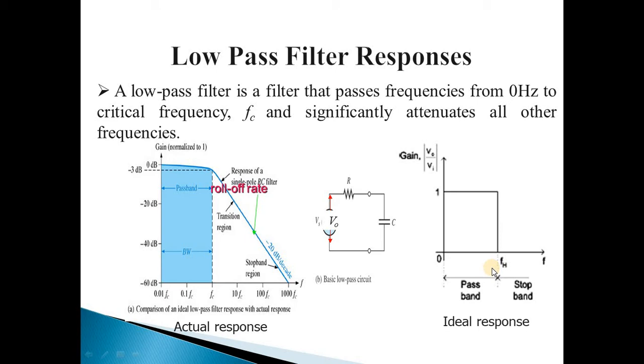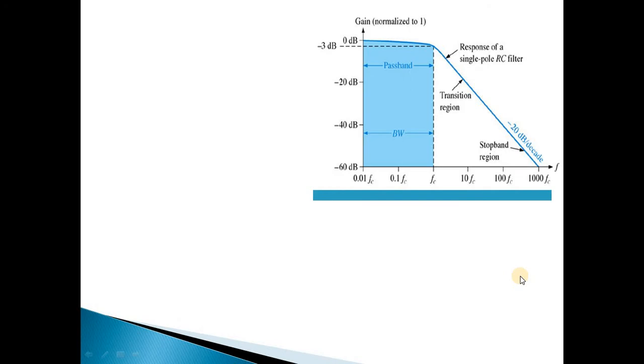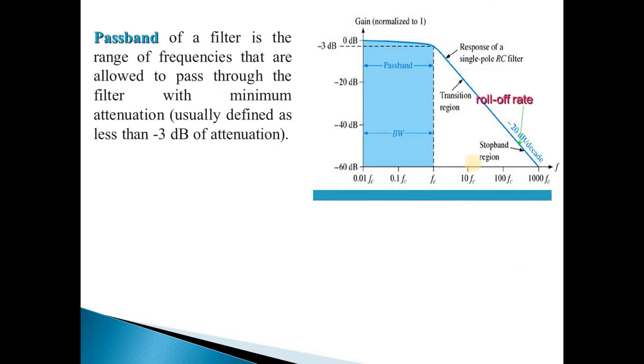This is the ideal response for low pass filter, and in the ideal response you can observe frequencies above critical frequency are totally blocked or rejected. Now we have to discuss transition band, pass band and stop band.